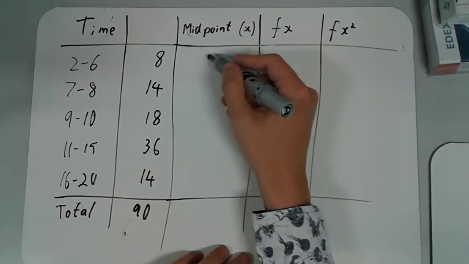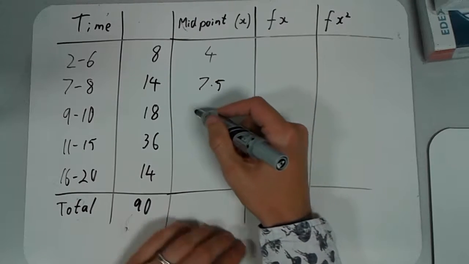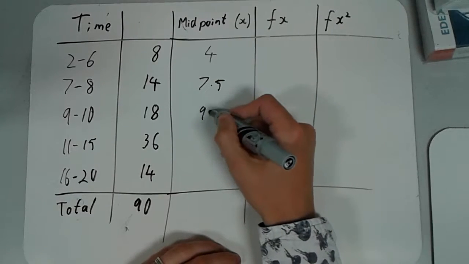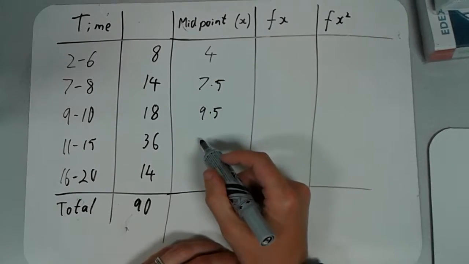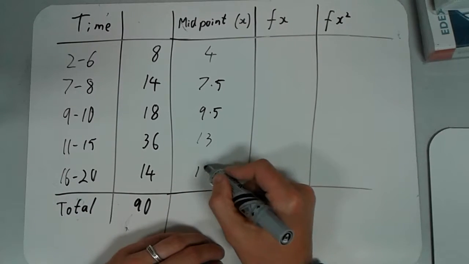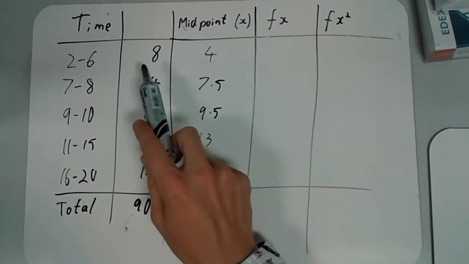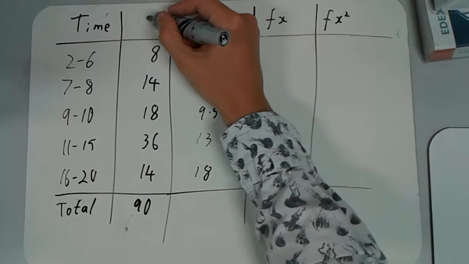So that's just going to be, in this case, 4, midpoint of those 7.5, and so on, 9.5, 13 and 18. And then what we do is we say, well, if we've got 8, this is the frequency, sorry.